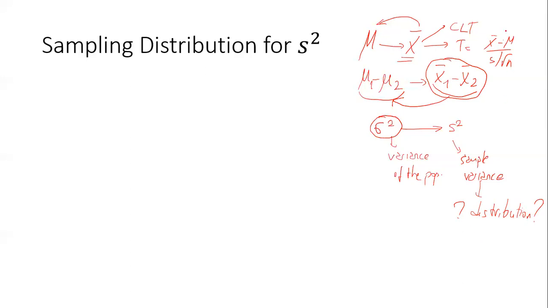Yes, in fact, this one, x bar minus mu divided by s over root n, is something regarding s. But just look at this one: it is connecting x bar with mu. But here, I want to extract information about sigma square, right?